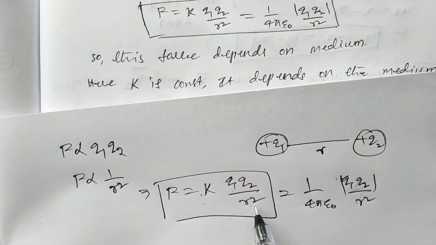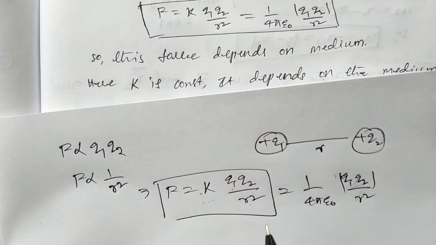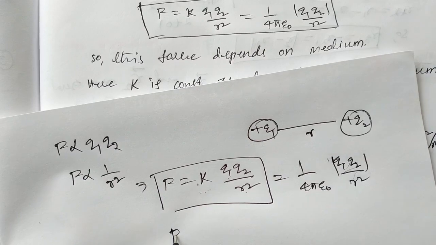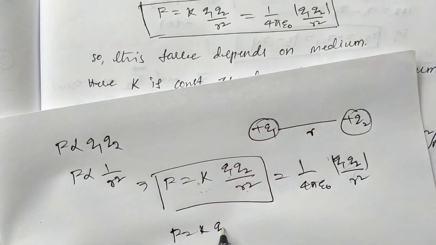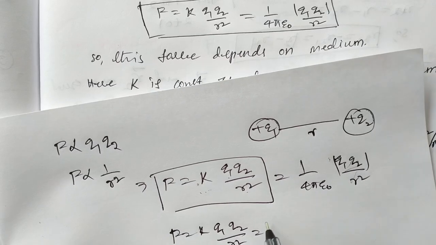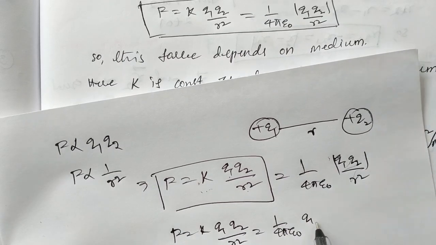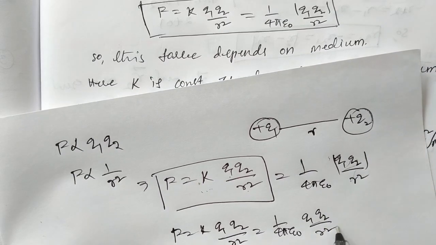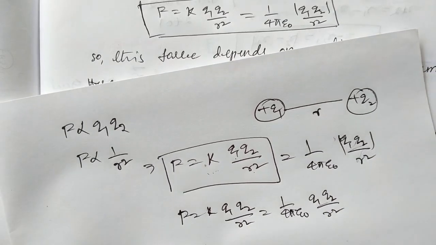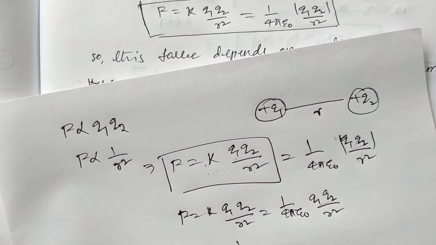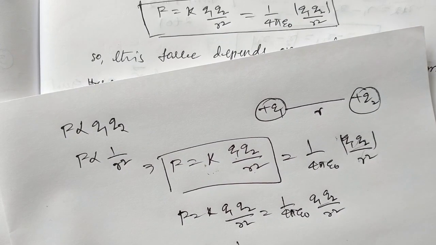Here K is a constant, the force is equal to K Q1 Q2 by R square, where K is equal to 1 by 4 pi epsilon naught.